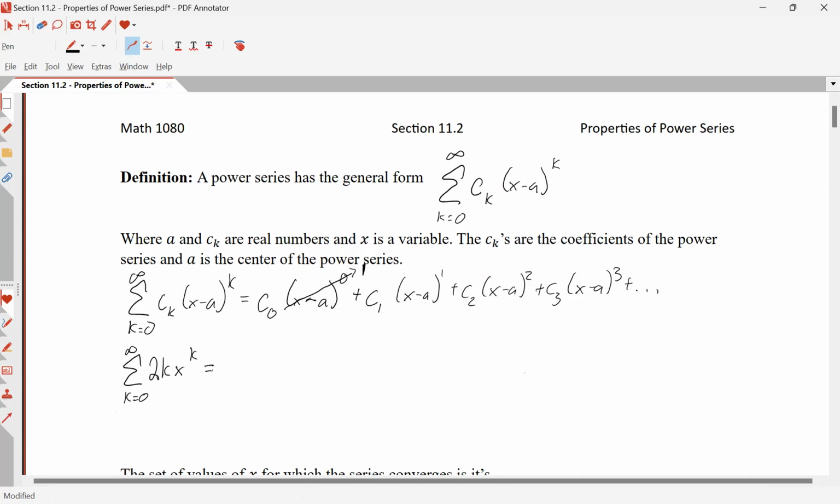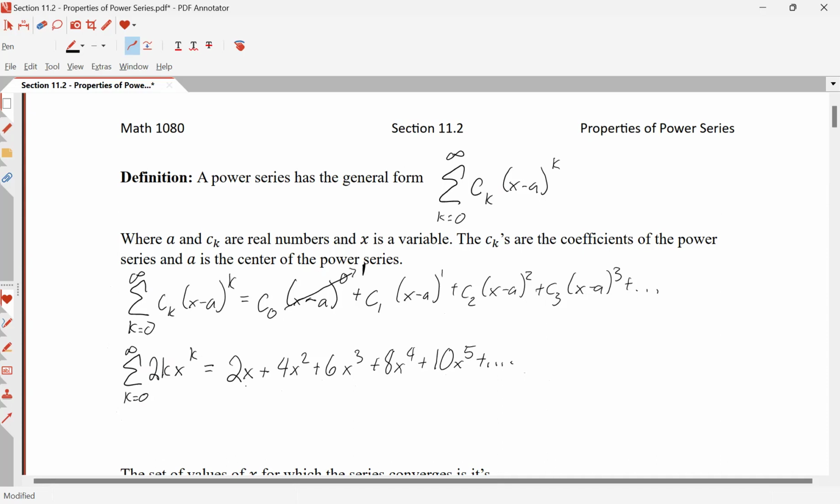If we wrote out some terms of this, we would have 2x plus 4x squared plus 6x cubed plus 8x to the 4th plus 10x to the 5th, and so on.